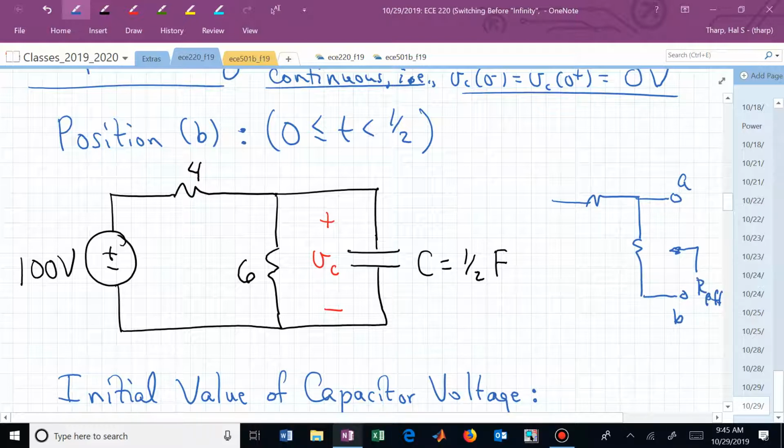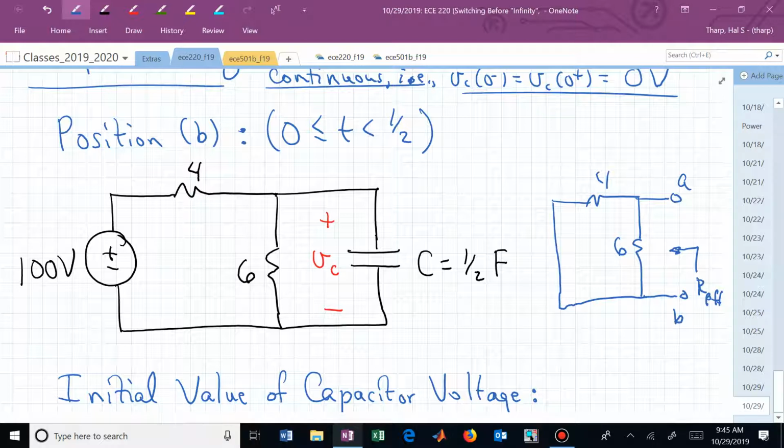And what do I do with that 100-volt source? Open it or short it? We zero that voltage source, that's a short, so now we have this configuration staring at us if we were the capacitor in this circuit.